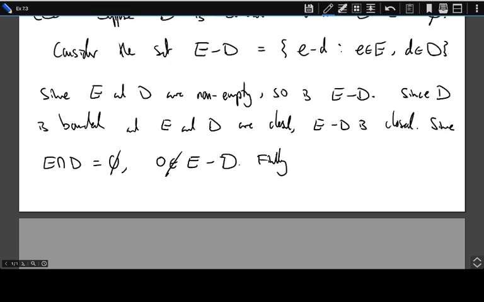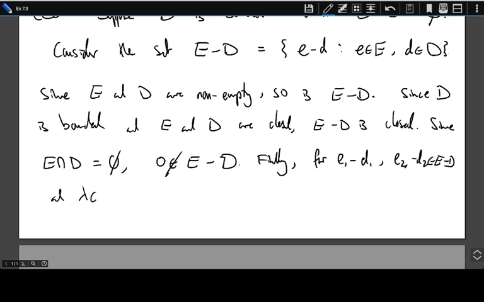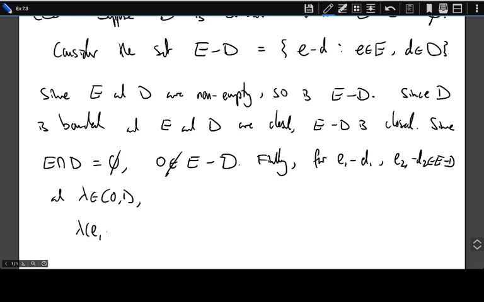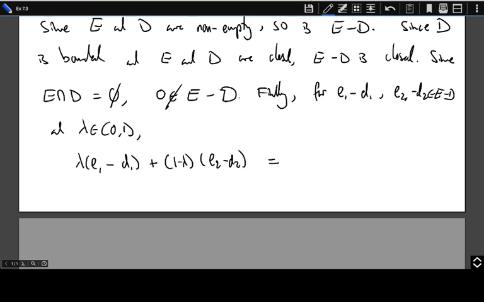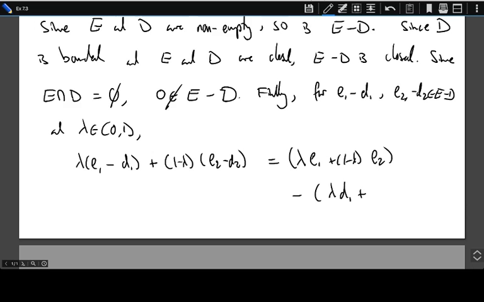And then finally we can show convexity. For two distinct elements of E minus D and lambda between 0 and 1, the convex combination of these elements, just by linearity, is equal to the difference of the convex combination of the individual parts.